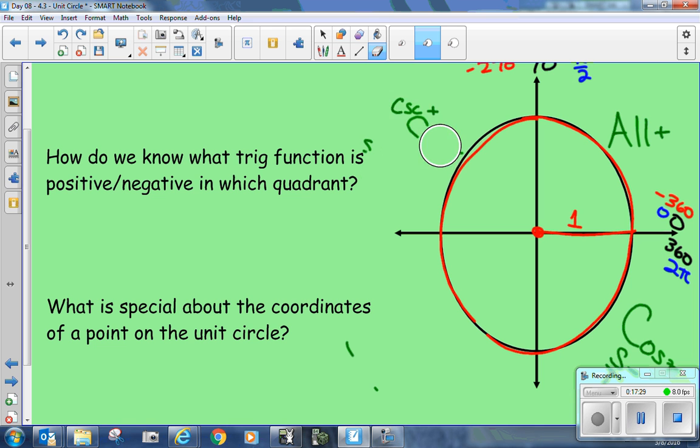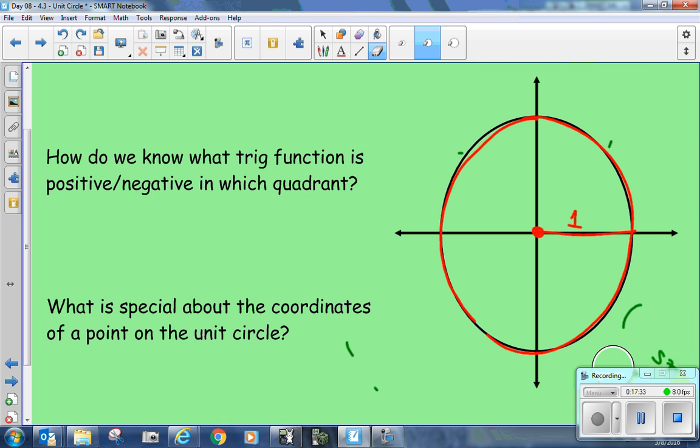What would be the coordinate? All right, right here at 0 degrees. What's that coordinate? If there's a radius of 1, 1 comma 0. Which means at 90 degrees, what would this coordinate be? 0, 1.